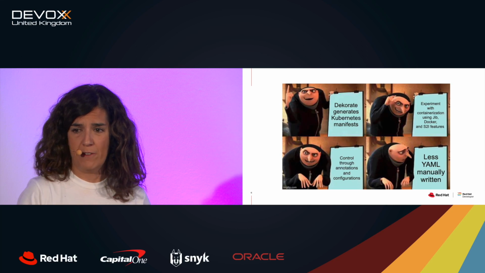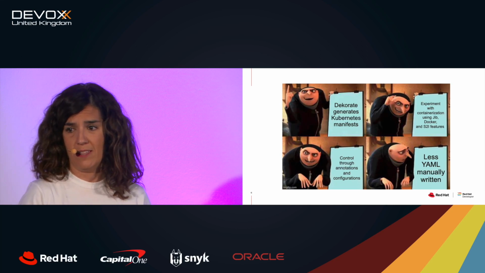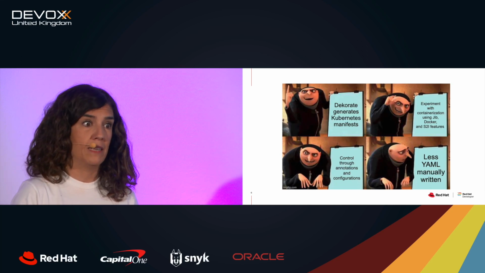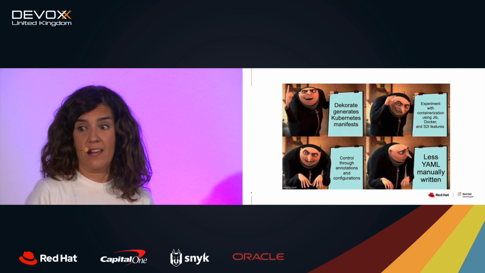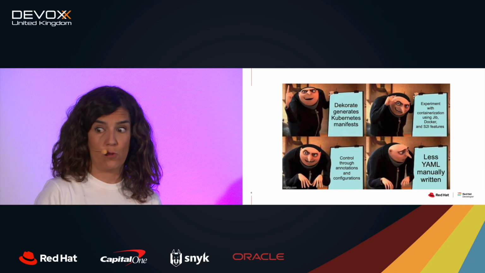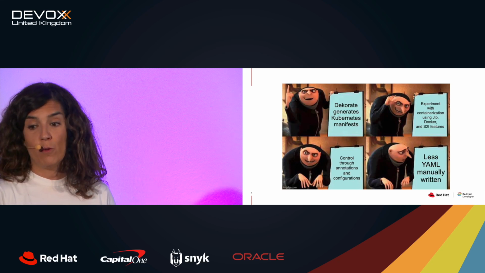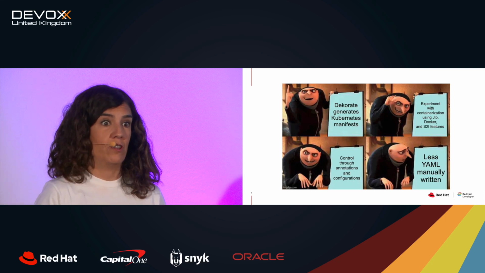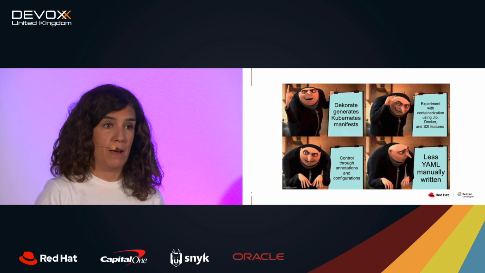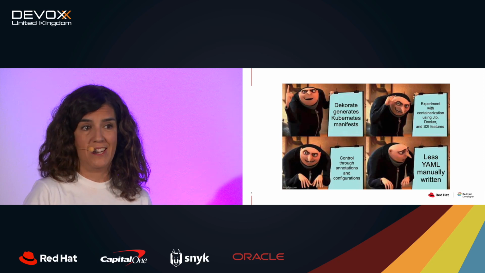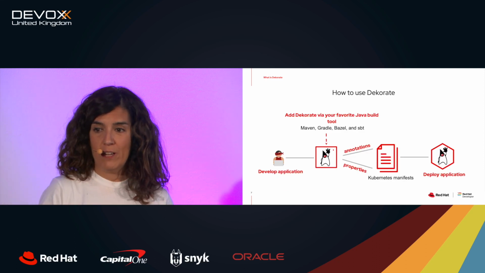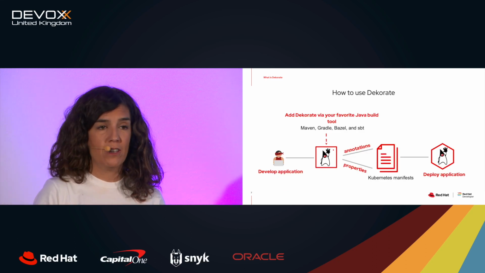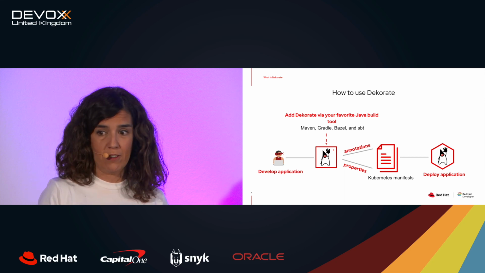So we can generate Kubernetes manifests with Dekorate. We can also experiment with making containers with strategies like Jib, Docker, and S2I. We can customize the manifest with annotations and properties files, but we never need to edit any YAML file. How can we use Dekorate? To use Dekorate, we first need to add a jar to the classpath to enable Dekorate.